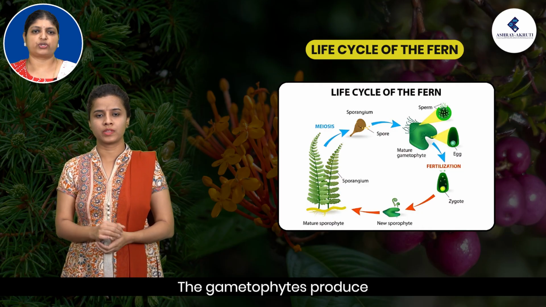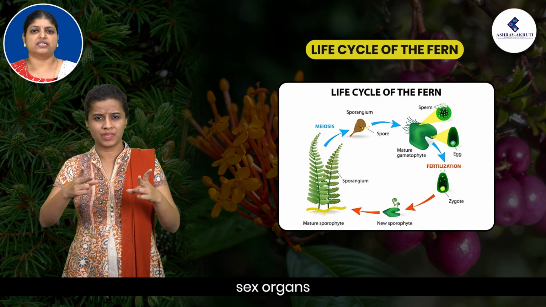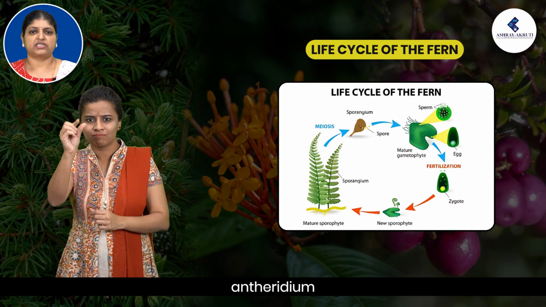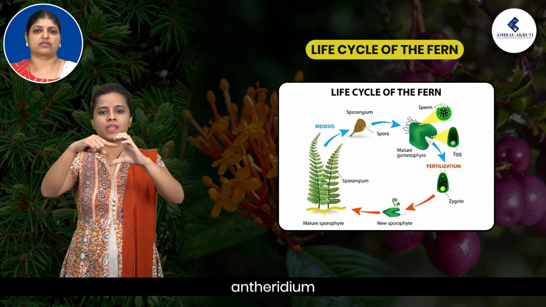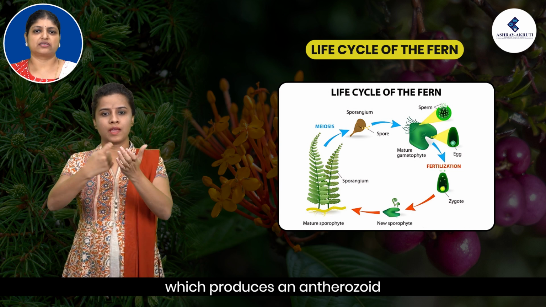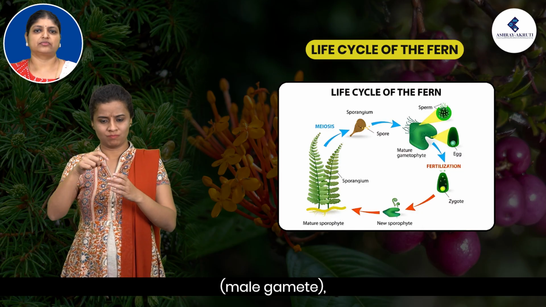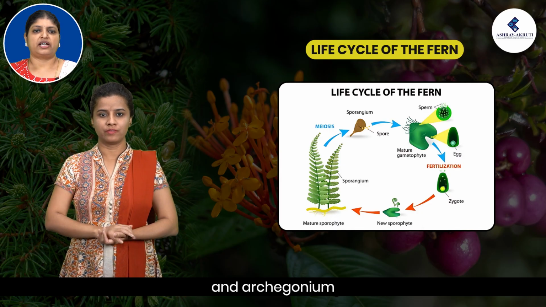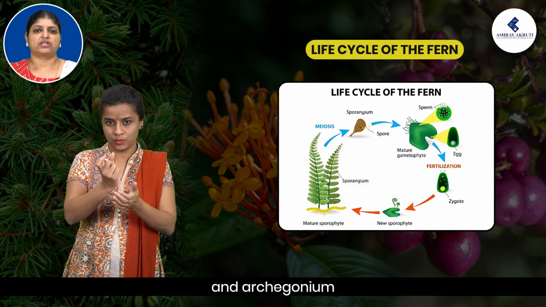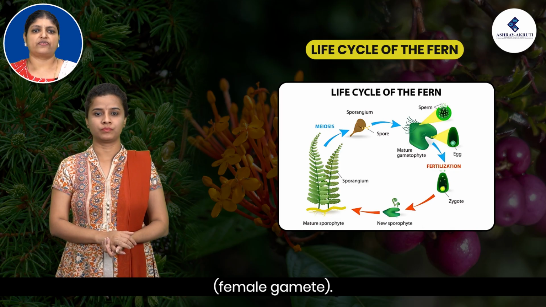The gametophytes produce the multicellular sex organs: antheridium, which produces an antherozoid or male gamete, and archegonium, which contains an egg or female gamete.